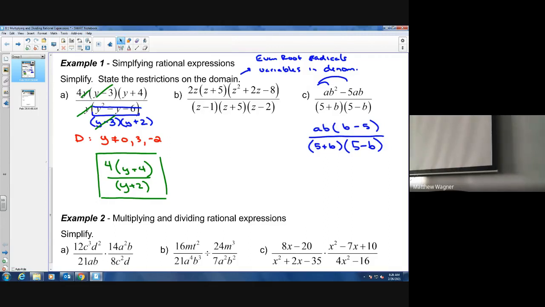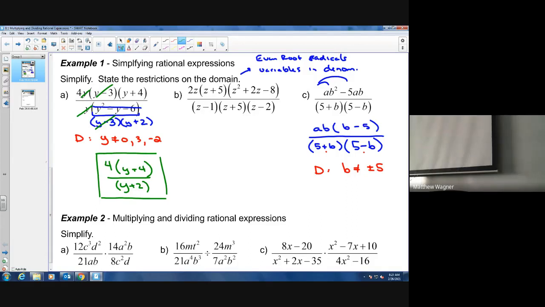We want to state any restrictions on the domain. I know b can't equal plus or minus 5, based on those two expressions in my denominator. Now we want to simplify.